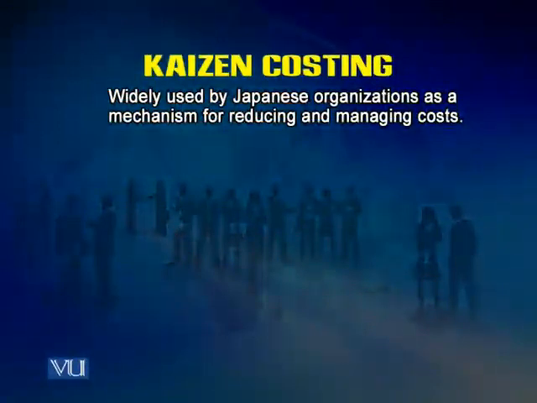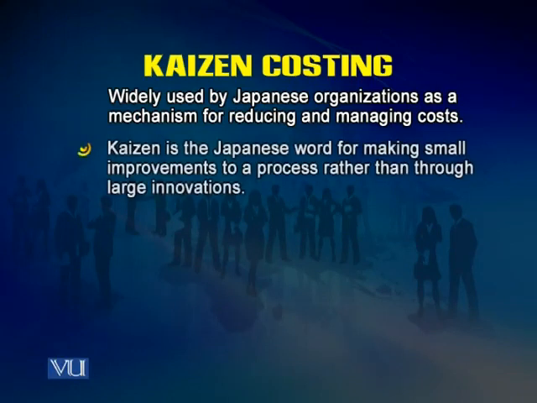We are now going to talk about Kaizen costing, widely used by Japanese organizations as a mechanism for reducing and managing costs. Kaizen is the Japanese word for making small improvements to a process rather than through large innovations.